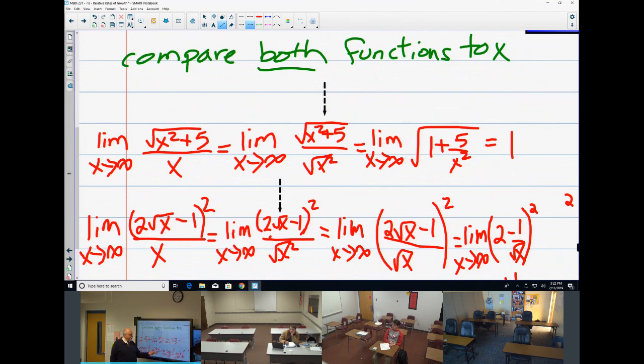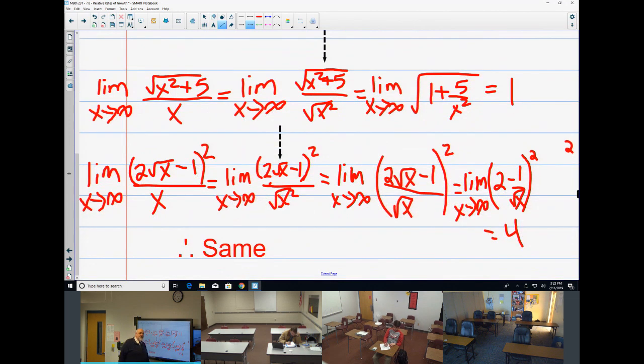And since they're both squared, I can put them in the same set of parentheses. Then once again, I can simplify, split the fraction, and say this is just going to be 2 minus 1 over x. Then as x goes to infinity, I get 2 minus 0, which is 2. And then 2 squared is 4.